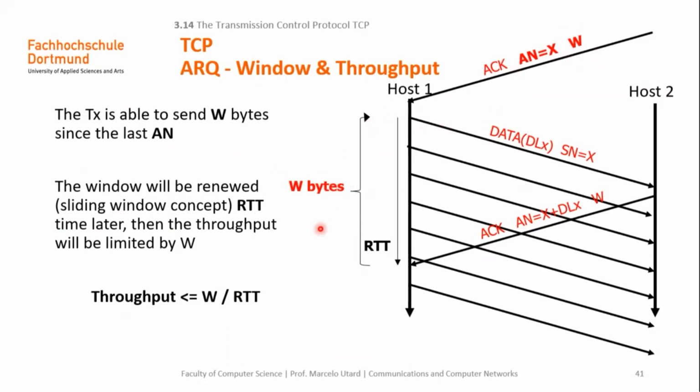Remember that difference. But what is now very important is that you associate the window size used by the transmitter with the throughput that the transmitter could send data to the other end system.